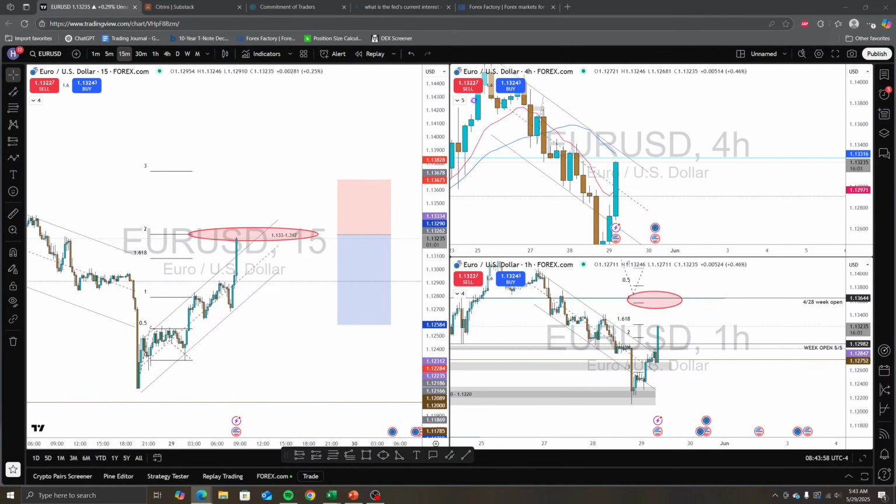So Asian session. Looking for price to hit the fib extension level.